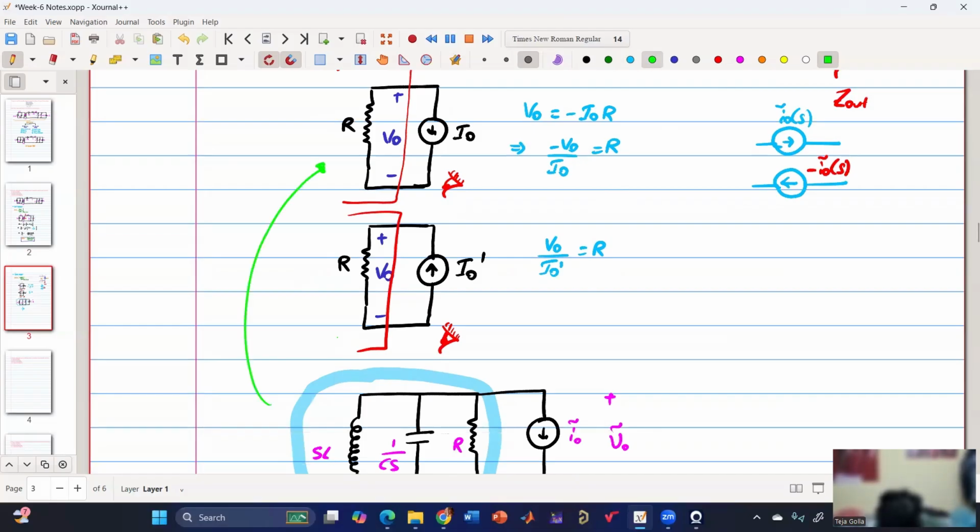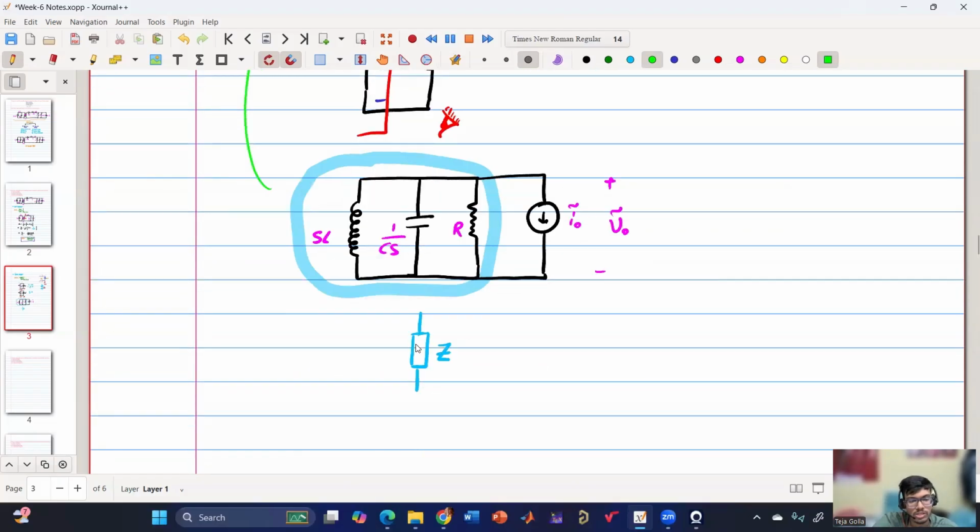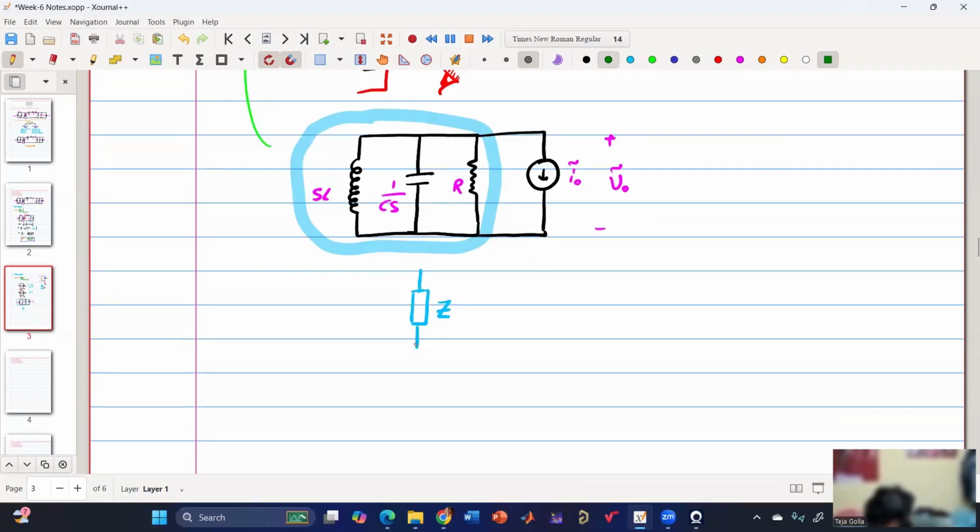So now I have to calculate what is my Z. What is Z here? Anyone? SL into 1 by CS into R divided by SL plus 1 by CS plus R.